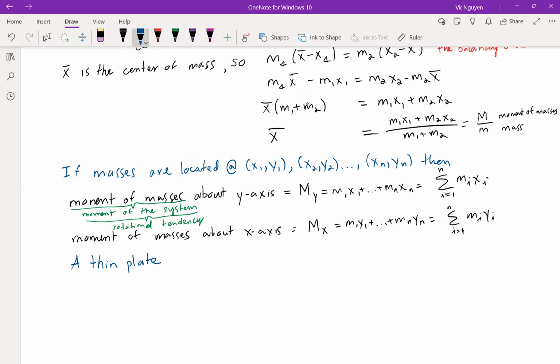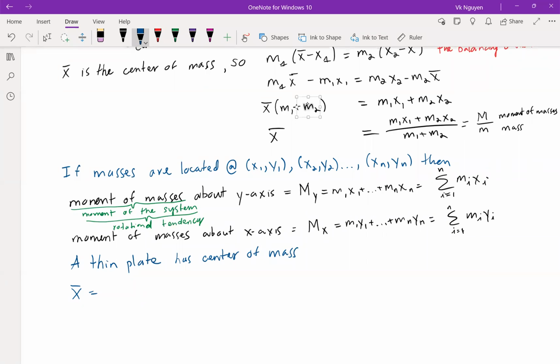So I'm going to introduce the center of mass there. It has center of mass x bar. Well, we know x bar is the moment of mass divided by mass, right?